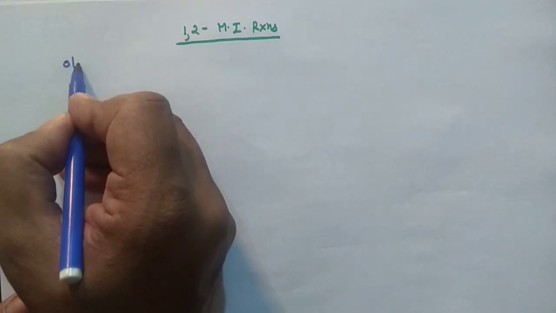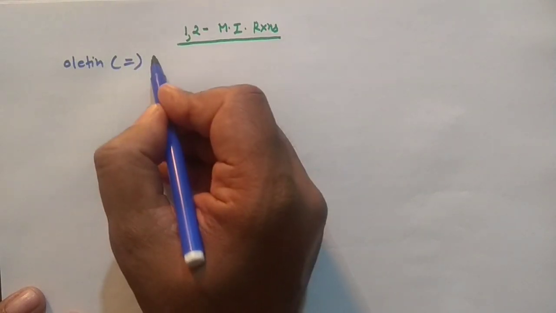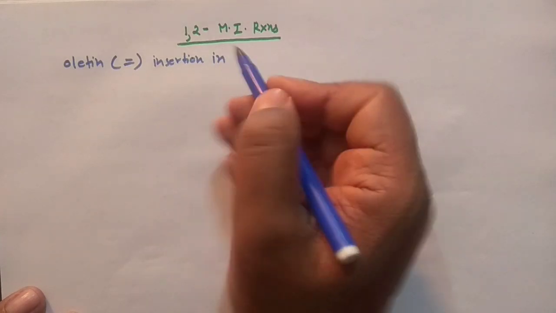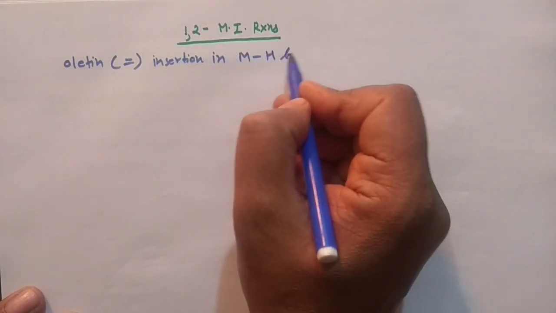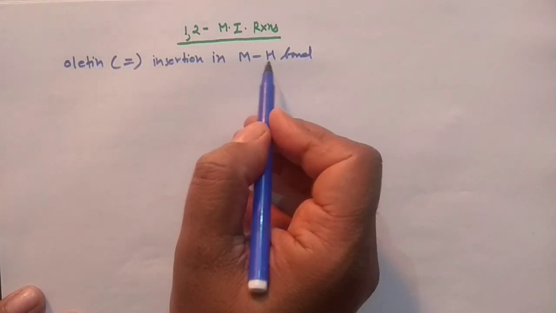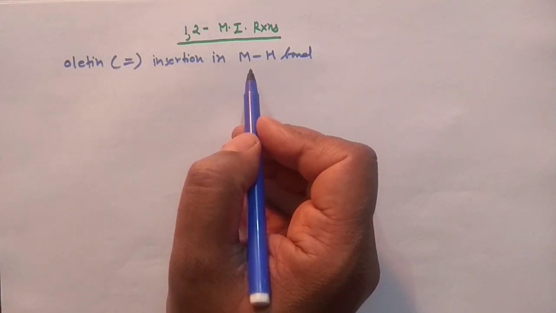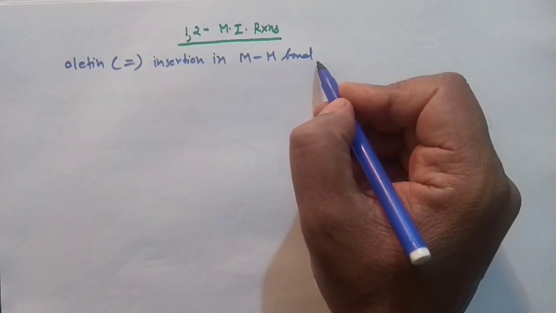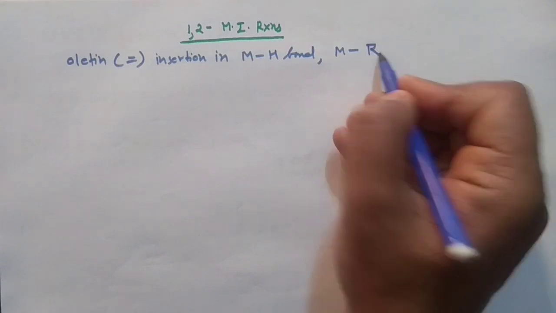This is olefin, a doubly bonded compound, insertion in which bond? Principally in the MH bond. This doubly bonded compound will insert between the metal and the hydrogen bond most commonly, and this is very famous, and it happens readily. But in some cases this insertion can also take place in the MR bond.